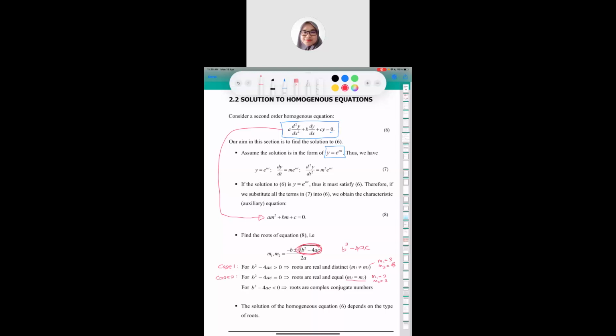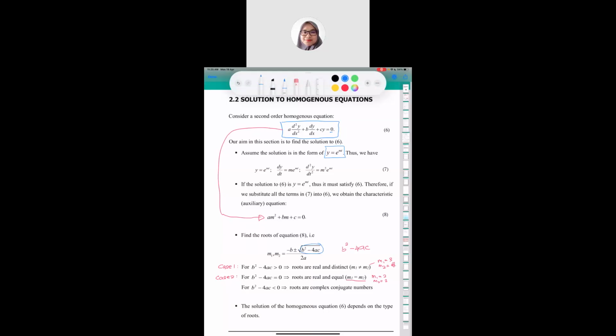And the third one, bila b² − 4ac less than 0. You can imagine kalau kat dalam square root ni kita dapat negatif, kita boleh tukar dalam i.